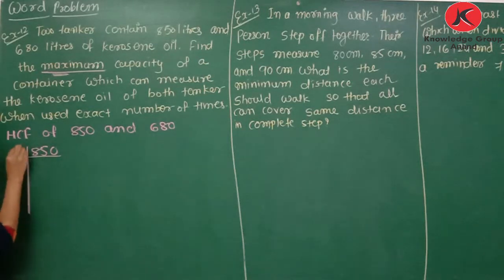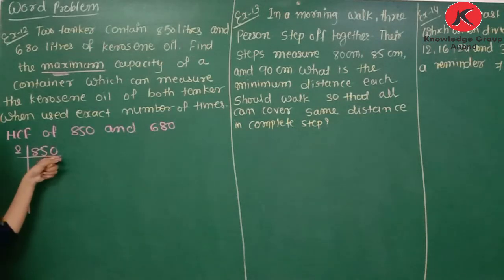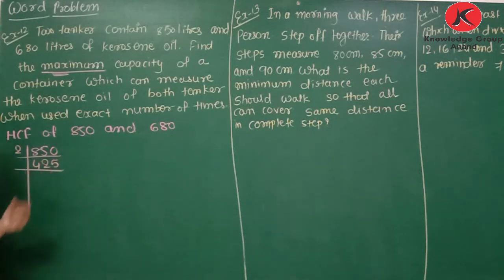So divide with 2. 850 is divisible by 2 because the last digit is 0. 4 2s are 8, 2 2s are 4, 2 5s are 10. Now this number is not divisible by 2, so check with 3. Not divisible by 3 because 4 plus 2 is 6, 6 plus 5 is 11, and 11 is not divisible by 3. So the next prime number is 5.